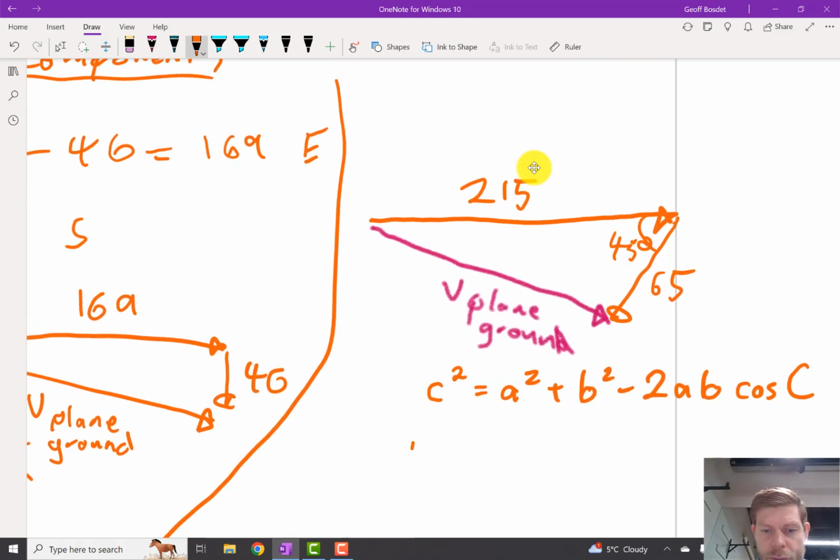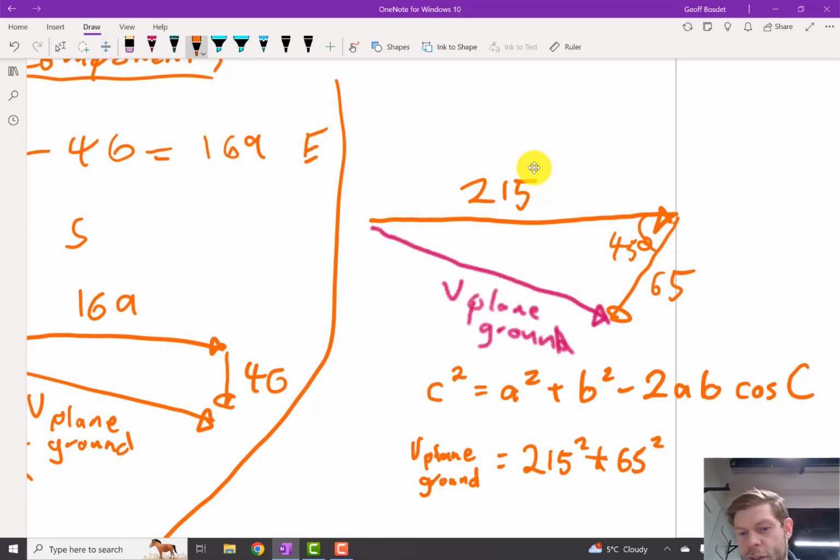We're going to say, hey, our V plane relative to the ground is equal to, I'm just going to make 215 a just for fun. Doesn't matter. It's commutative. Plus 65 squared. By the way, commutative just means order doesn't matter, because 65 squared plus 215 squared is the same as 215 squared plus 65 squared.